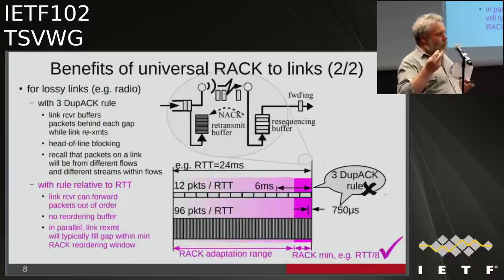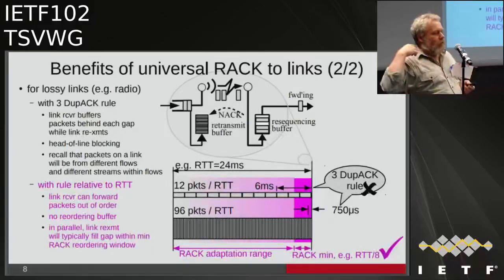So with making this rule that you have a certain amount of time in which reordering is allowed, it means that that resequencing buffer can actually just be removed completely. You just forward stuff as you get it. If there's any holes, you do the retransmission afterwards, lazily.